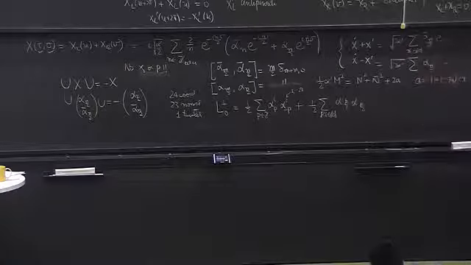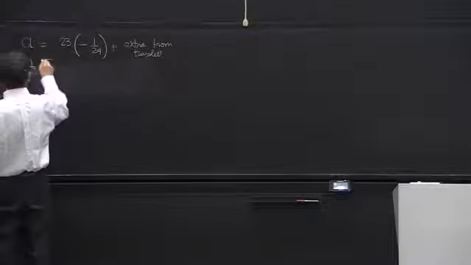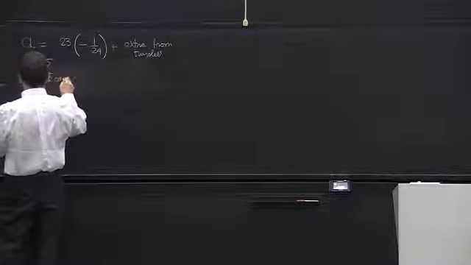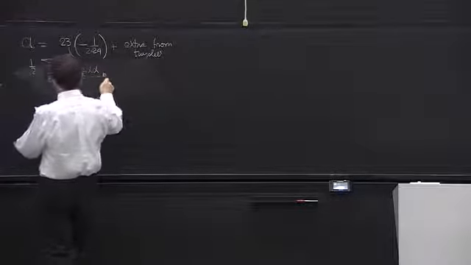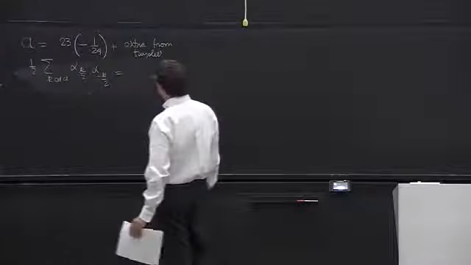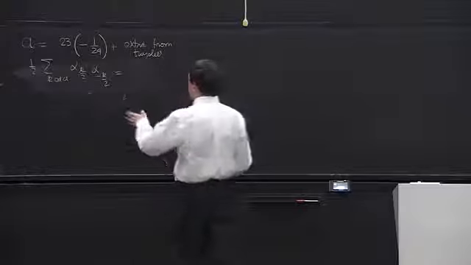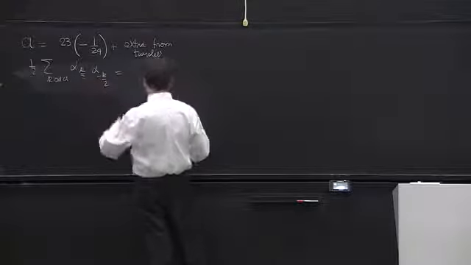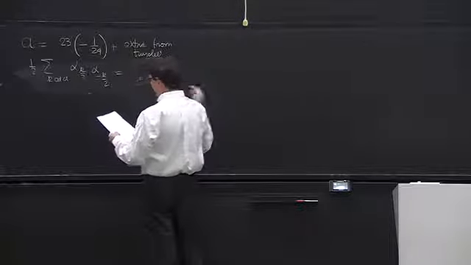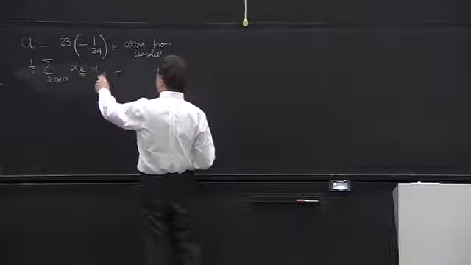So let's look at that term. That term is 1/2 the sum over k odd, alpha k over 2, alpha minus k over 2. Now we can sum over the positive odds. The positive odds are, these ones would be creation operators, this would be annihilation operators, so those are going to be the ones that we have to rearrange.